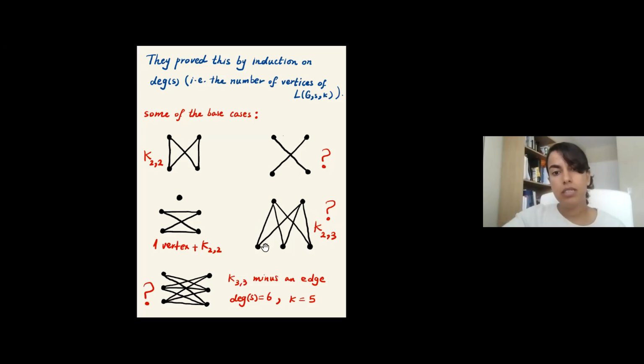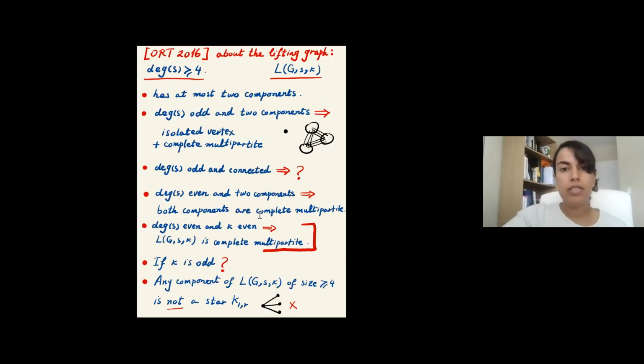So here you see a graph with a lifting graph that comes from degree of S being odd, 5. It's connected. It has a specific structure, complete bipartite, but in the final statement of the theorem, when it's connected, they didn't say anything about it.